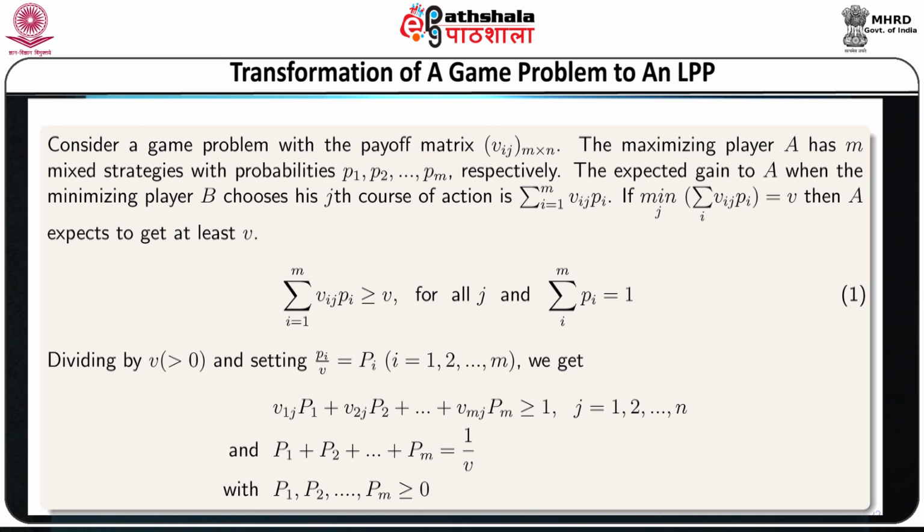So, we assume that V is greater than 0 and set Pi by V equal to capital Pi. Then the above constraints can be written as v1j P1 plus v2j P2 plus and so on up to vmj Pm is greater than or equal to 1 for j equal to 1 up to n, and P1 plus P2 plus up to Pm equals 1 by V, where P1, P2, up to Pm are all non-negative.